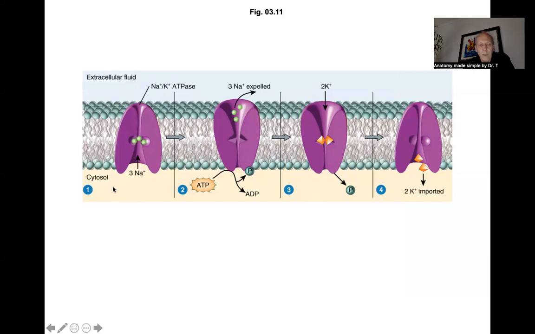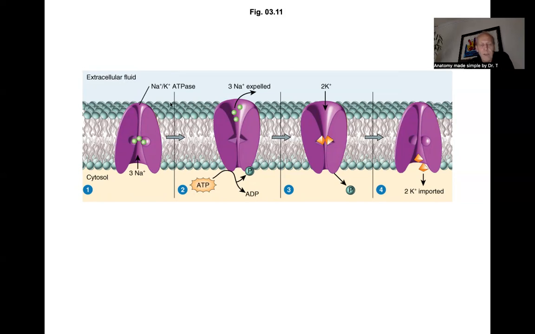Although we know that this is transportation that we consider being active, it is very important. It is the so-called sodium-potassium pump. Extracellular fluid and intracellular fluid compartments are at the top and the bottom of this diagram.